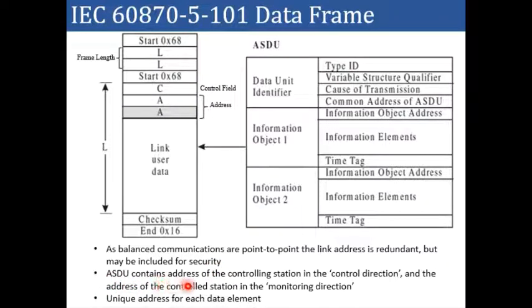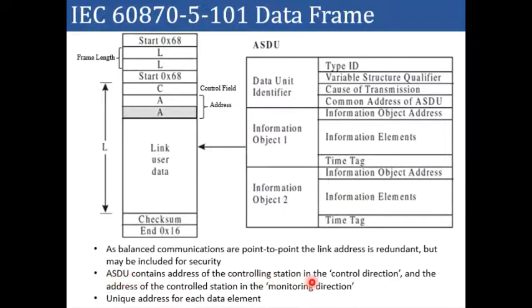The ASDU contains the address of the controlling station in the control direction, and the address of controlled station will be provided in the ASDU when the ASDU is in the monitoring direction. So basically you will have the control or monitoring action from the controlling station.